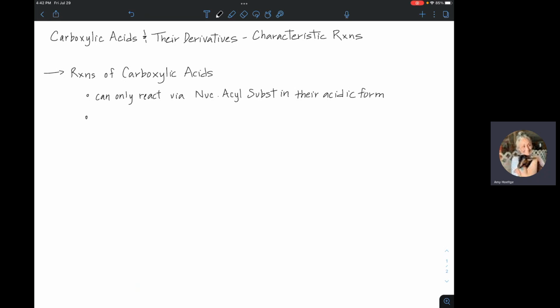terms of reactivity. So these are close in reactivity to esters, because the leaving group, hydroxide for a carboxylic acid or an alkoxide if it was an ester, are similarly basic.